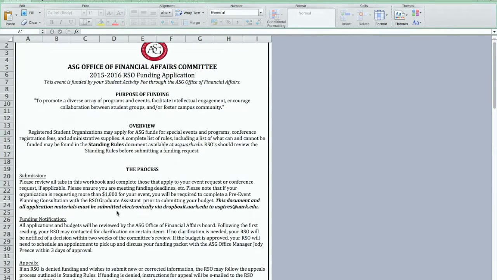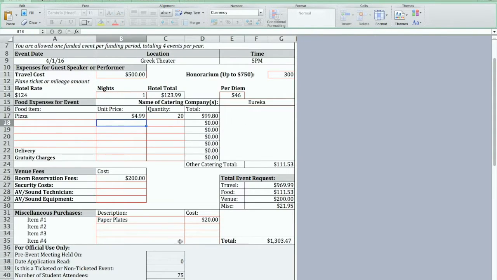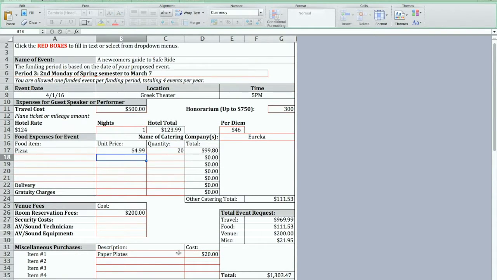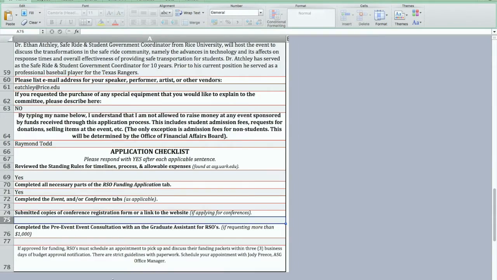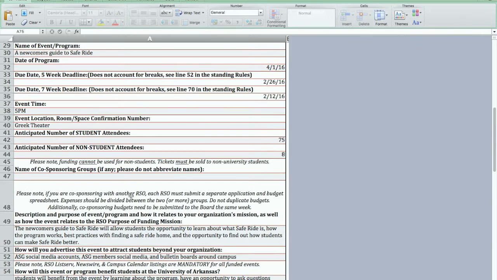It's most likely in this application information, and it says right here, pre-event consultation planning can be sent to the RSO graduate assistant Amber or rso@ur.edu. Okay, so we are done with this portion, and we will transition into the conference application process.